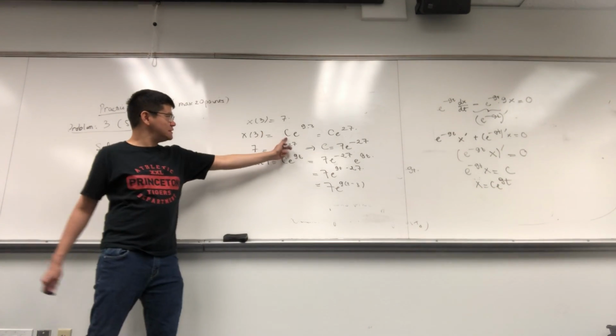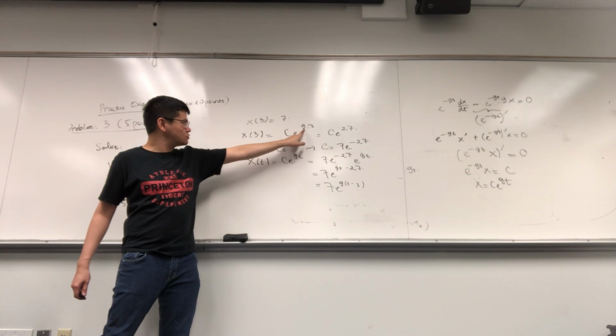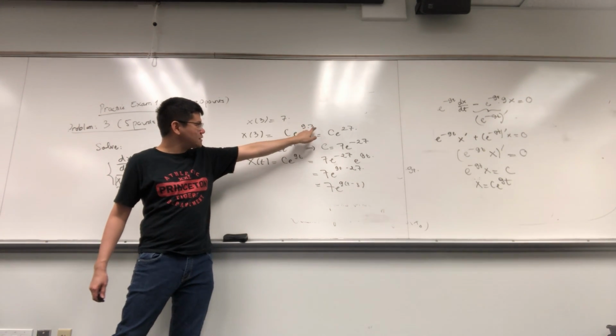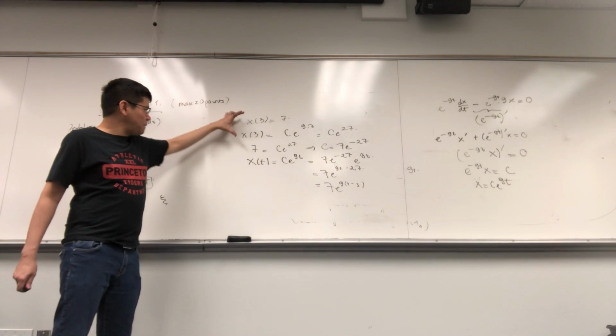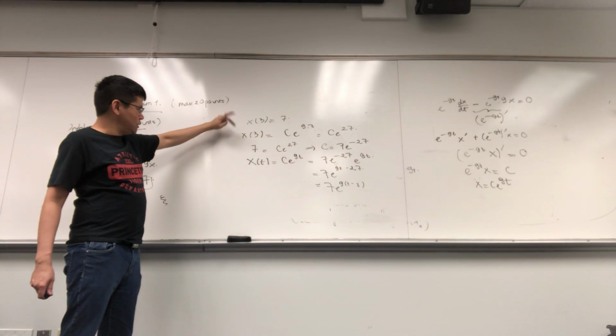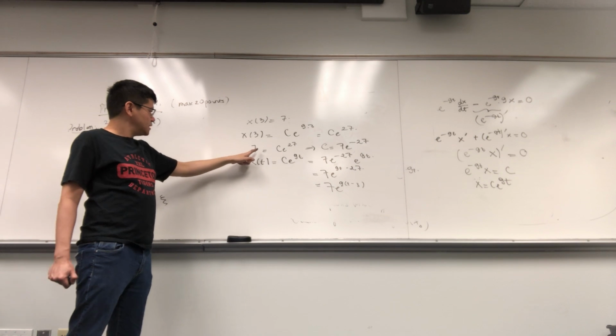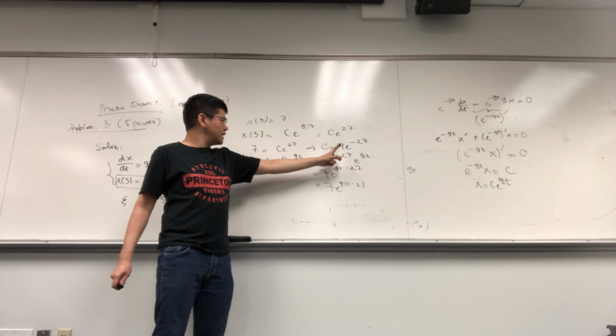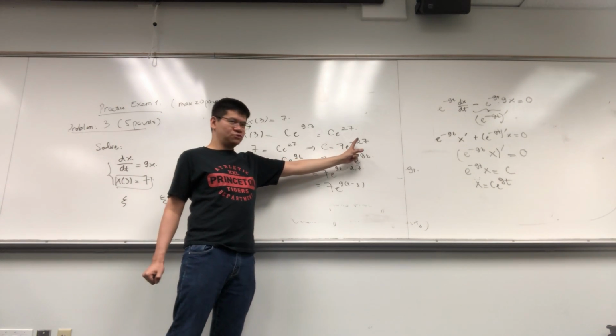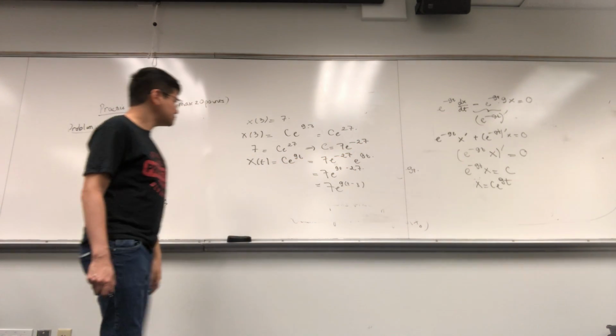So this gives me c e to the power 9 times 3, which is c e to the power 27. I combine the two equations. I'm going to have 7 is c e to the 27, so c is 7 e to the power minus 27.